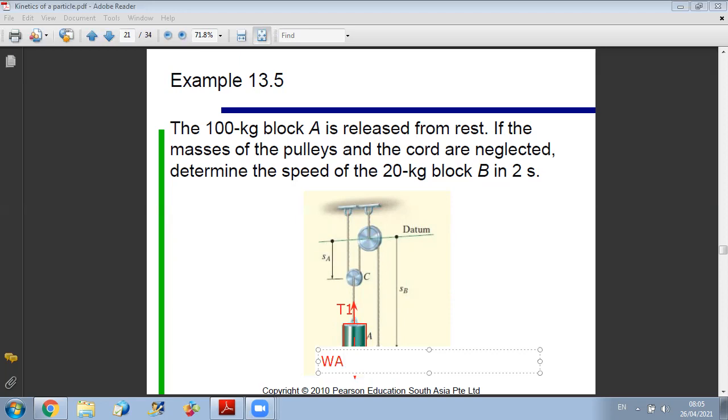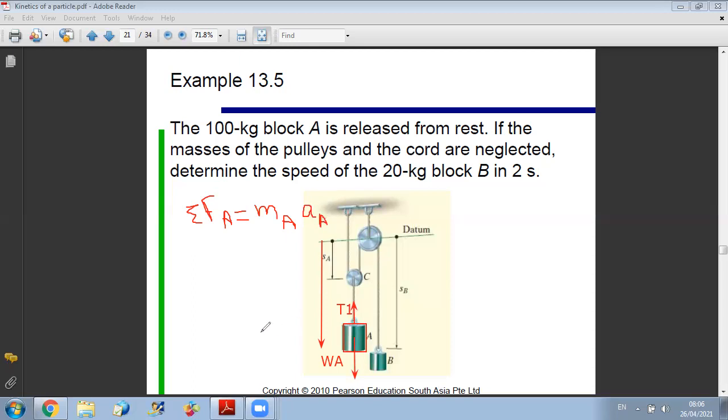So now considering the Newton law applied on block A, since we considered that the positive coordinate is downward, we will work on this direction. So we can write that sum of forces on A equals to mass of A times acceleration of A.